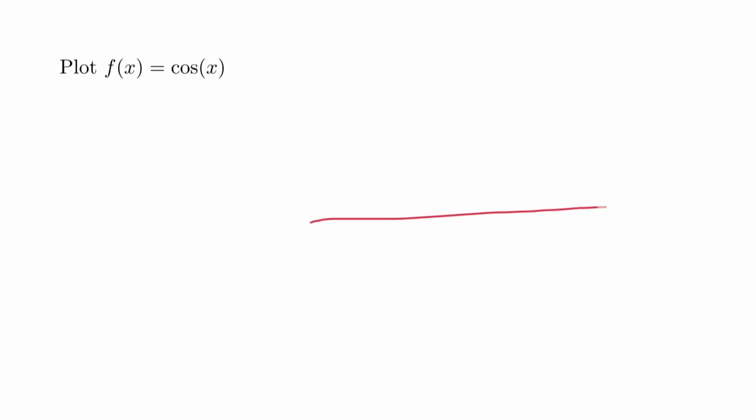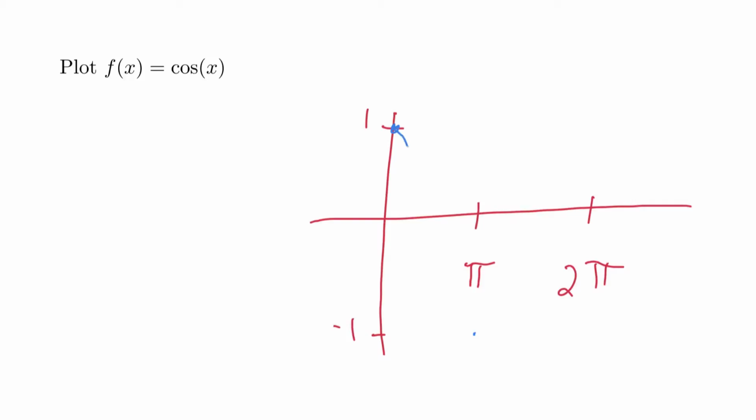Cosine also has this periodicity. The difference is cosine starts at 1, goes down to -1, and then comes back up.